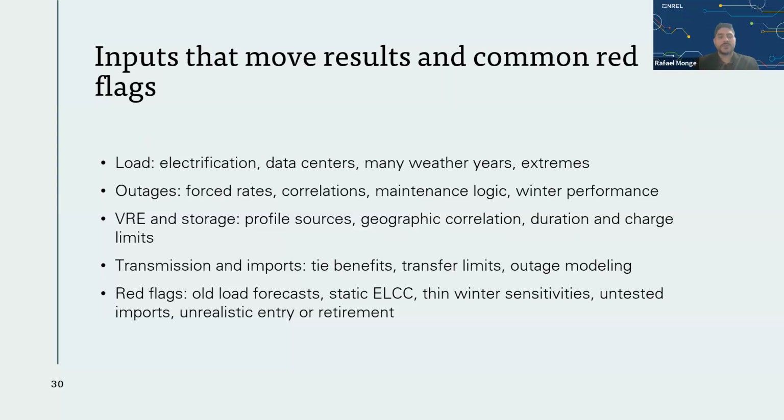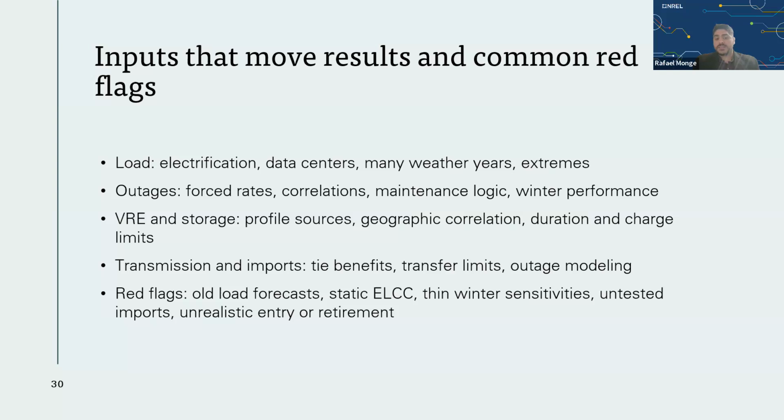Talking about inputs and common red flags, results are often driven by a few inputs. Load needs to reflect building and transport electrification, new large loads such as data centers, also enough weather years, and representation of extremes.